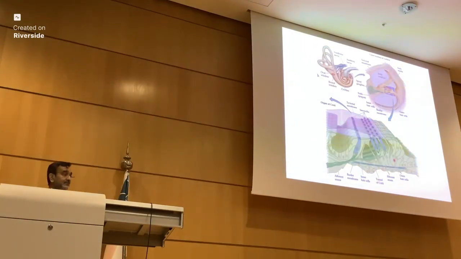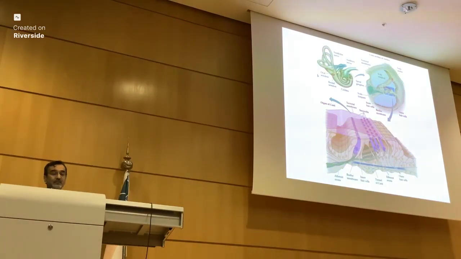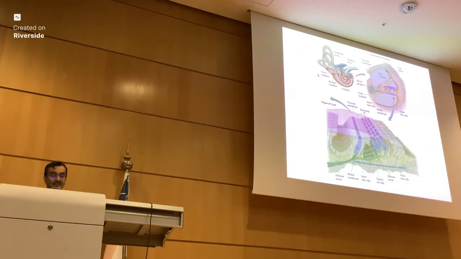Now let's look at the scala media in detail. In the scala media, there is a membrane on the top called the vestibular membrane or Reissner's membrane. Above this is the scala vestibuli. You have the basilar membrane here, and below this the scala tympani.